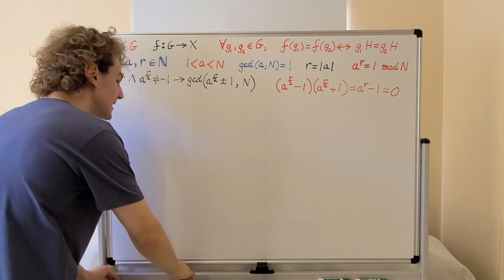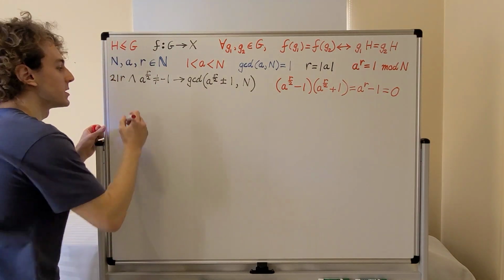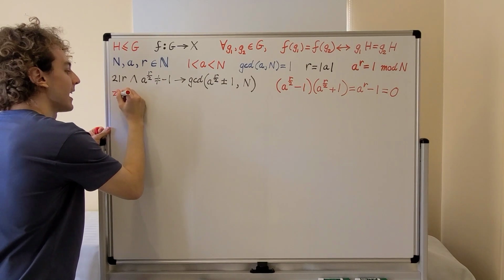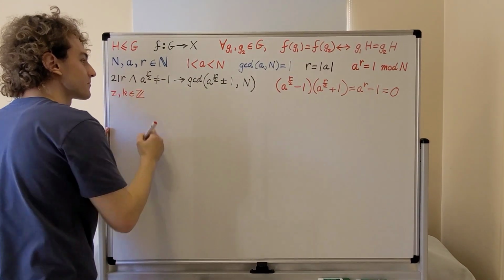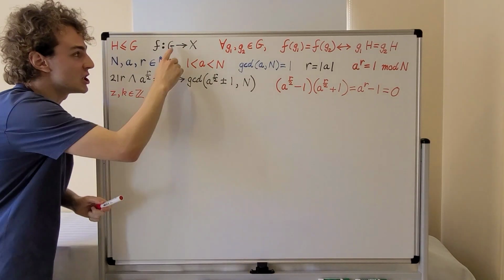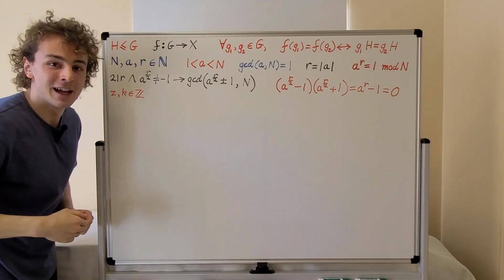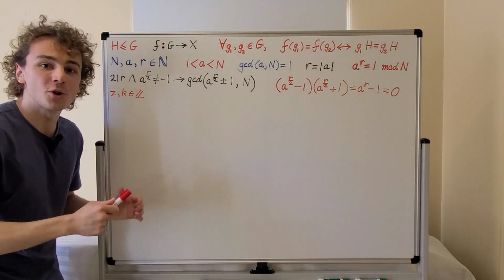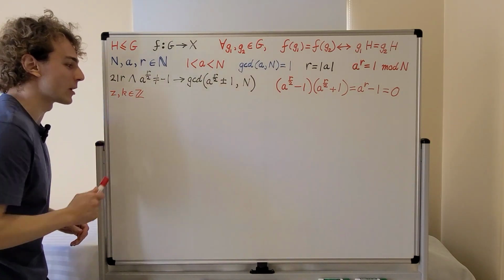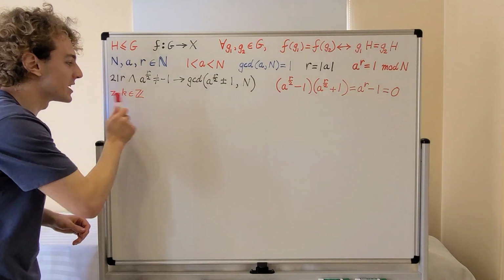So first, let's define two integers z and k. These are elements of the integers. The group G that we're going to be dealing with is going to be the integers under addition. So that's the group that we're interested in. The integers under addition.